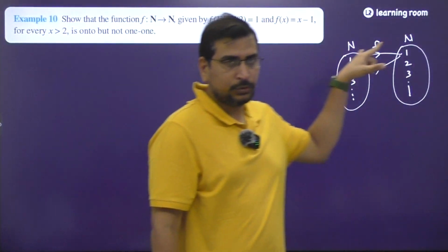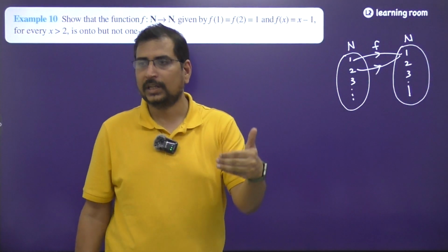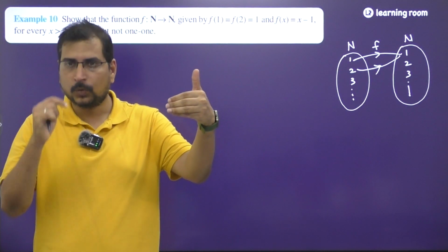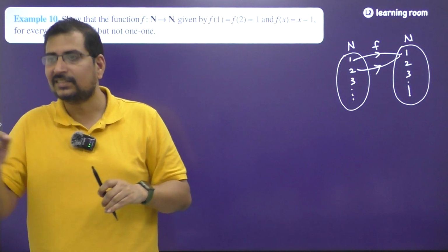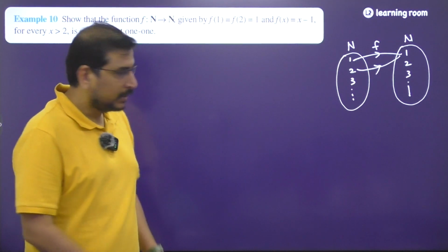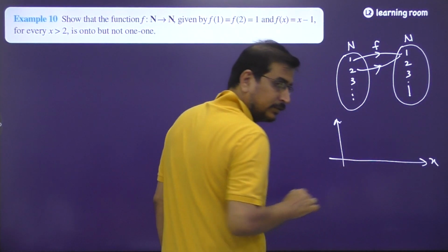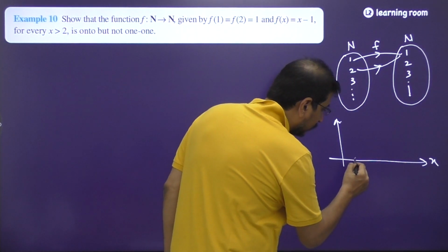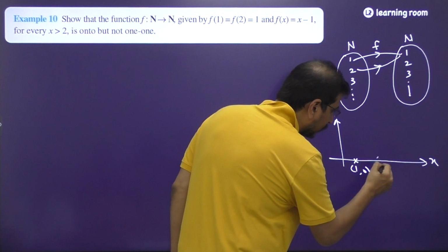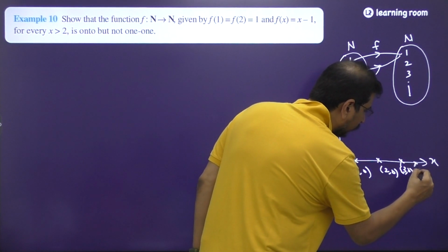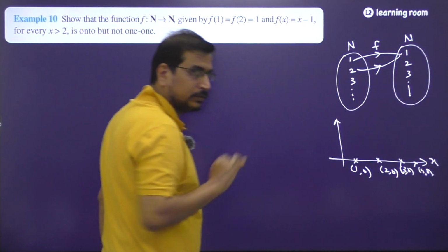But we should not stop here, because these are the absolute values. Try to understand. What do you mean by absolute values? We know what is the value of y. Means if you plot it on a graph sheet, you know what is the value of y at x is equal to 1 and x is equal to 2. Observe, this is 1 comma 0, this is 2 comma 0, 3, 4, keeps on going like this.